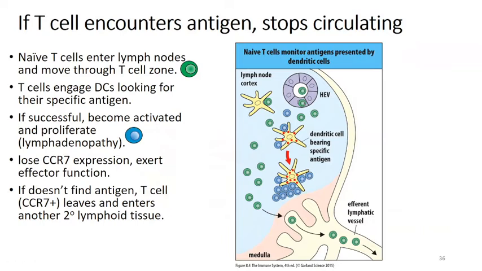They're attracted by the chemokine. So these green ones are called naive T cells. They mature, but they just want to be exposed to antigen.